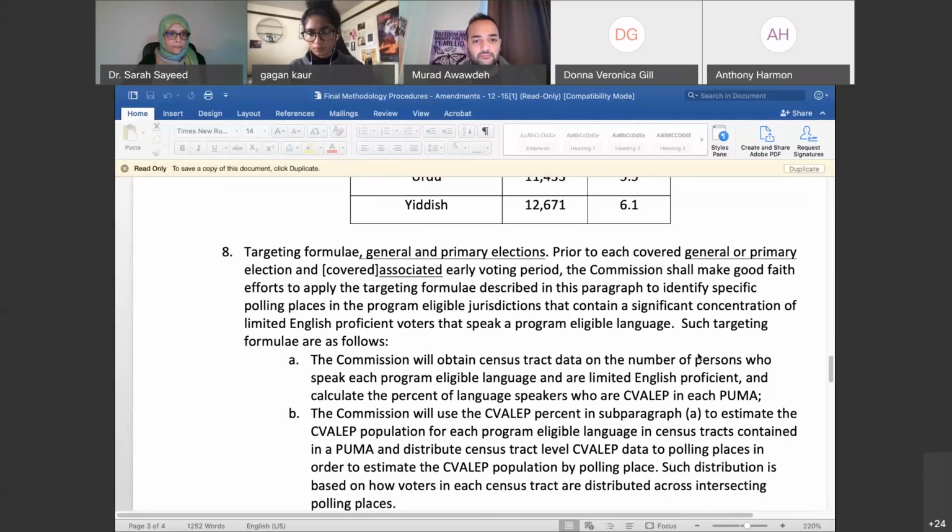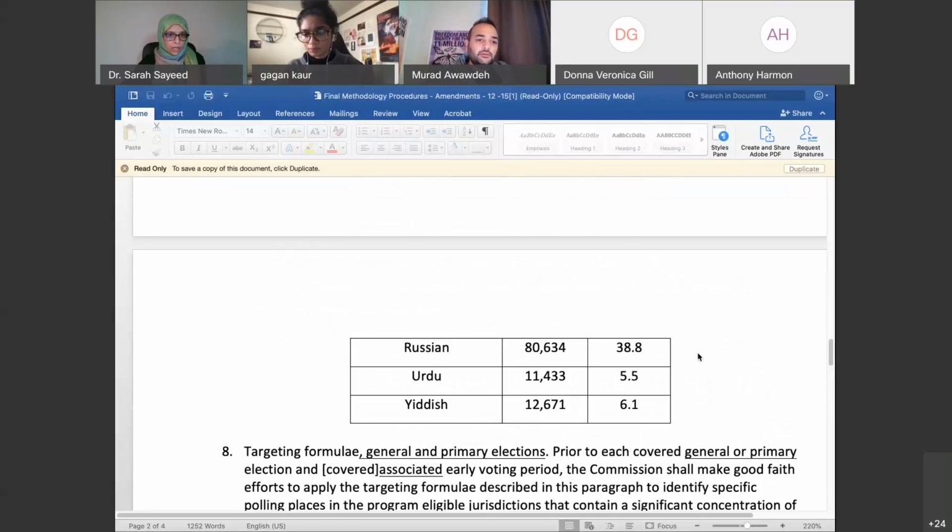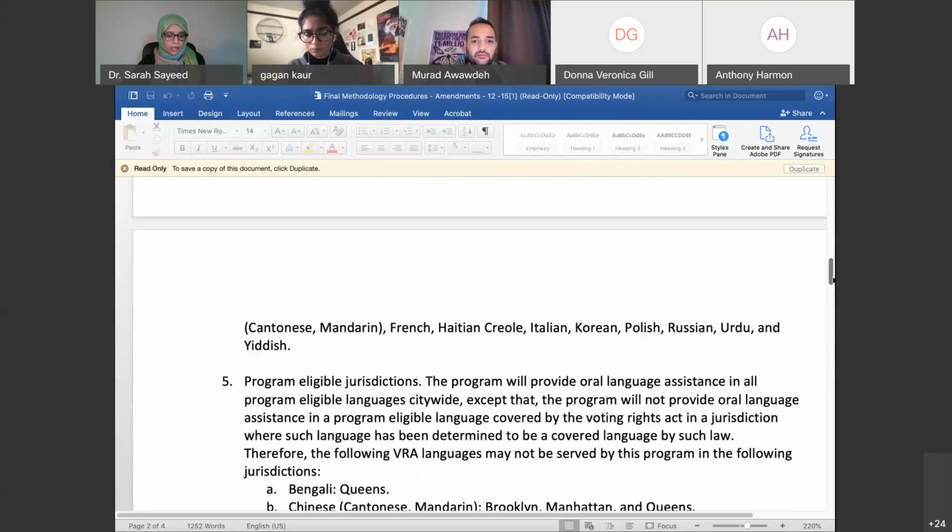So what I'd like to do right now is go through the changes. Again, you have the amendments doc, but it's also up on the screen. And what I'd like to do is start from the beginning. Francis, if you could just go to the top of the document.